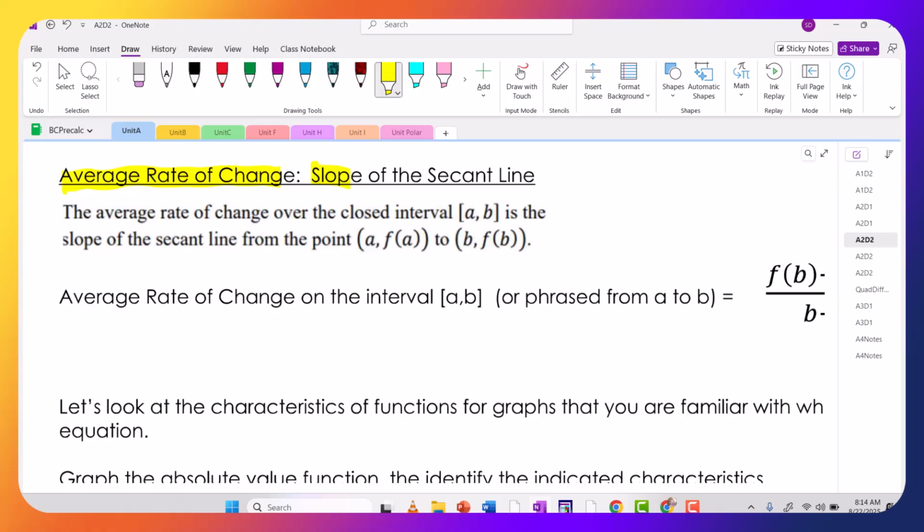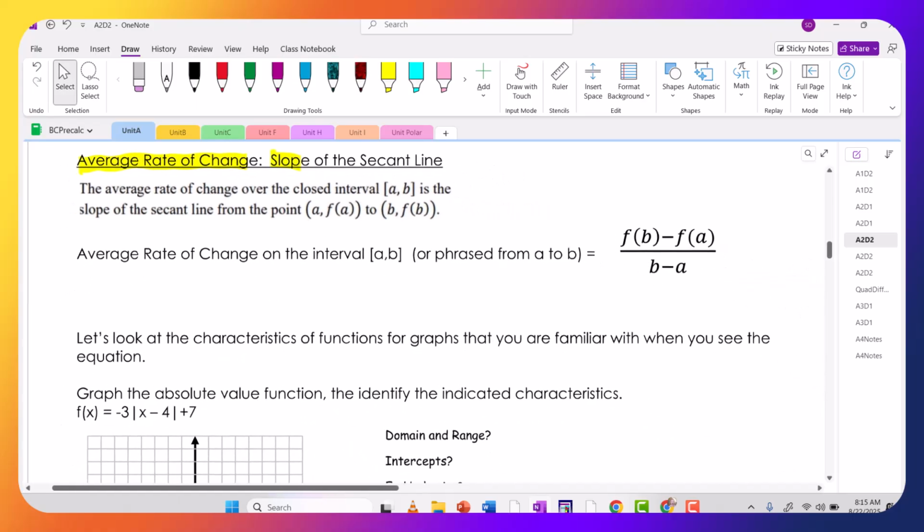When we go into that cosine graph in February, you will have to find average rate of change of points. And actually, it's a calculus concept turning into tangent lines and slope of tangent lines, instantaneous rate of change instead of average rate of change. So it's a big calculus concept.